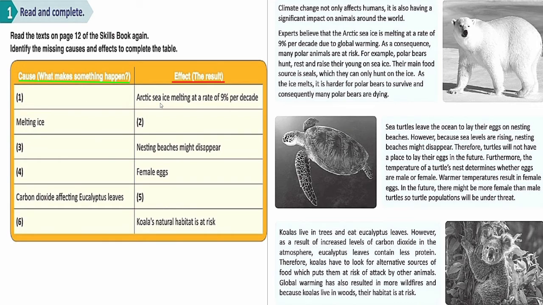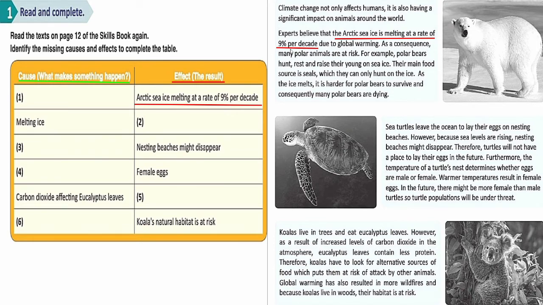We have Arctic sea ice melting at a rate of 9% per decade. Decade means 10 years. In this effect, we have a percentage which is clearly seen in the first text about the polar bear. So we have the same effect here. Usually, cause and effect are within the same sentence.